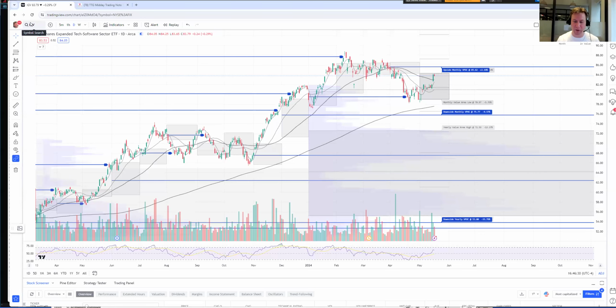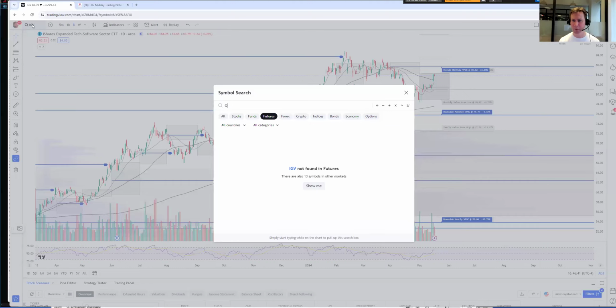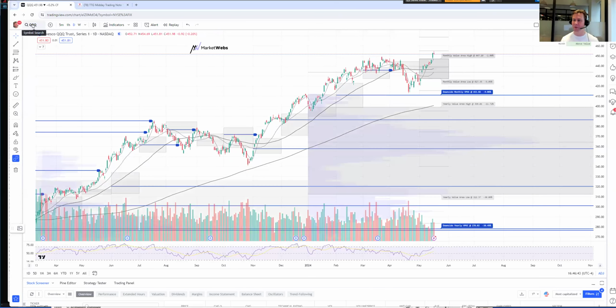But I'll change my opinion if the price action changes, if we get through the value area and get through this virgin point of control. But look at the difference between software and the Qs, right? Software, even though it's had a good week, is still an underperforming area.